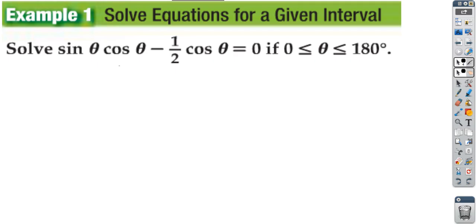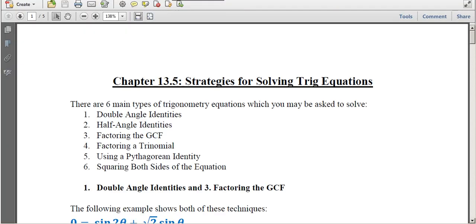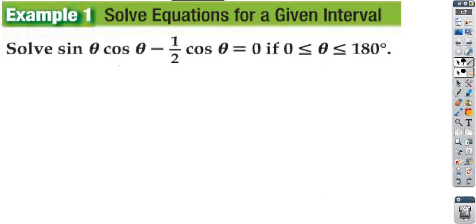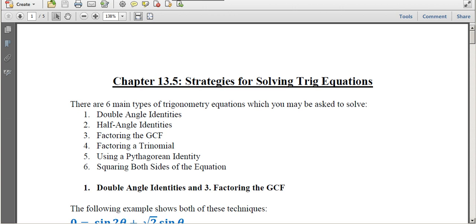So if we look at this, we have a bunch of strategies. The first 2 say double angle and half angle, and we can eliminate those right away because if there's a 2 theta, or if there's a theta over 2 somewhere in that equation, that means we're dealing with a double angle or a half angle, but in this case there are neither of those, so we're not going to do that.